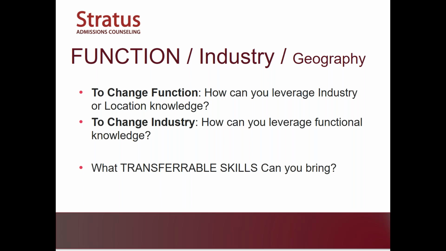You might be moving from a tech product management role in one country to a tech product management role in another country, and really be able to potentially bridge between those two countries.